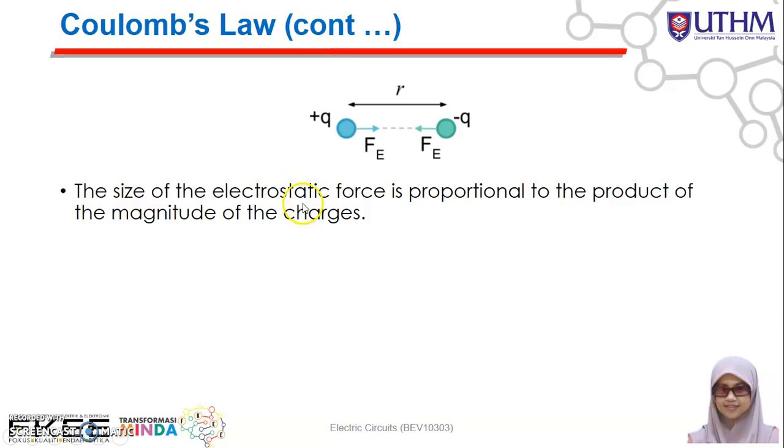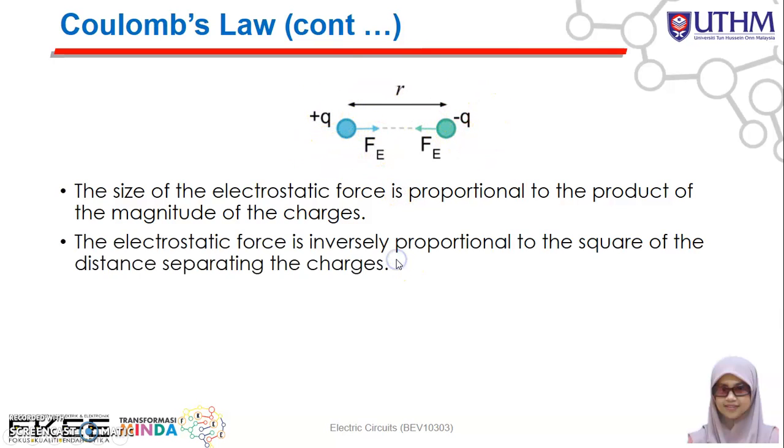The size of the electrostatic force F is proportional to the product of the magnitudes of the charges, Q1 multiplied by Q2. The electrostatic force is inversely proportional to the square of the distance separating the charges, so F is inversely proportional to R squared.